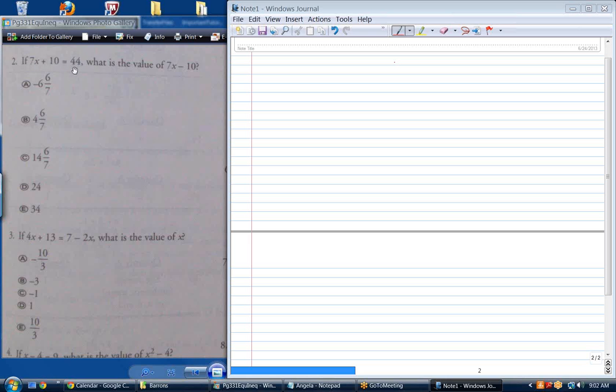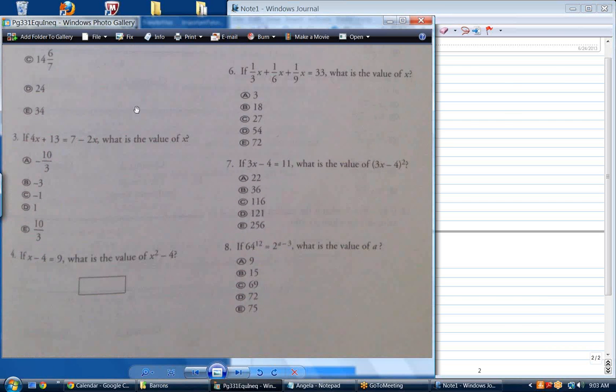Or I could do it in 2 steps: subtract 10 from both sides, and then subtract 10 again. Notice that the left side becomes 7x minus 10 if we subtract 20 from both sides. So the answer would be D, 24, without having to solve for x.